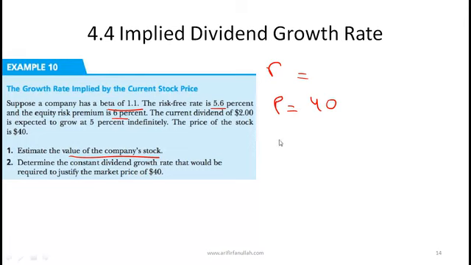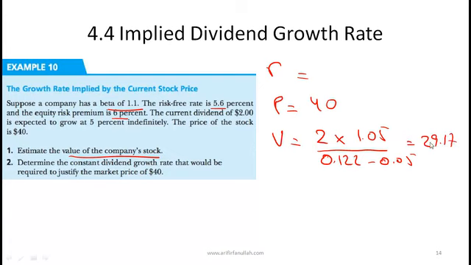You need to come up with R. The value is D1 over R minus G. So 2 into 1.05 divided by, what's R? So what is this? Value is equal to 29.17. So is the stock overvalued? Big time.